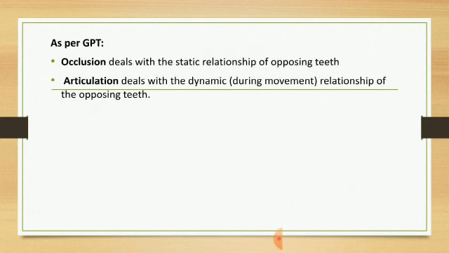First of all, let's see about occlusion and articulation and what is the difference between them. As per GPT, occlusion deals with the static relationship of the opposing teeth, that is a stable relationship which is not undergoing any type of movement. Whereas articulation deals with the dynamic relationship of the opposing teeth. If the jaw or teeth are undergoing any type of movement, whatever the relationship of the teeth is, that is called an articulation, like during the chewing of food.